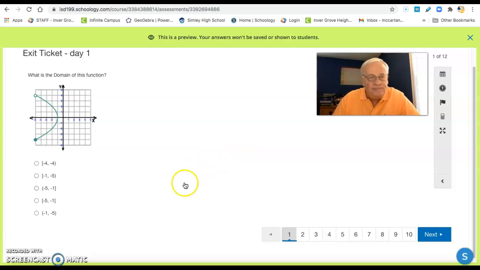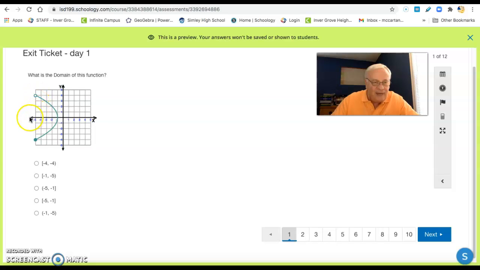All right. Guys, this first one, in fact the first three, talk about the domain. That's how wide it is. Well, it starts right here. What is that, at -5? And see that dot there? That means it includes -5. I know up there, there's a hole, so it doesn't include that point.